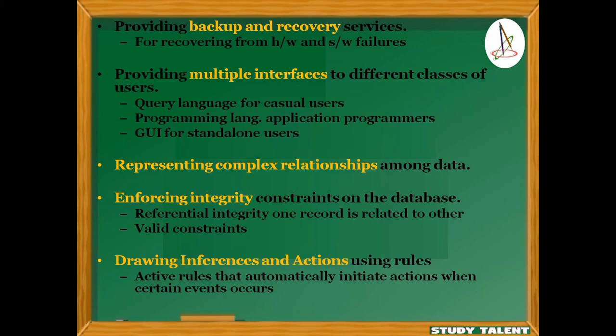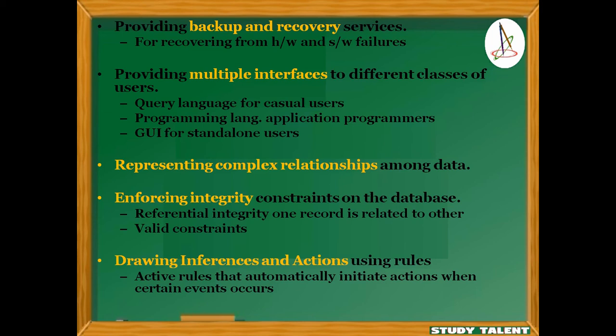Next advantage is representing complex relationships among the data. As we know, our database is made up of different kinds of records. The DBMS system allows us to maintain different relationships among that data.